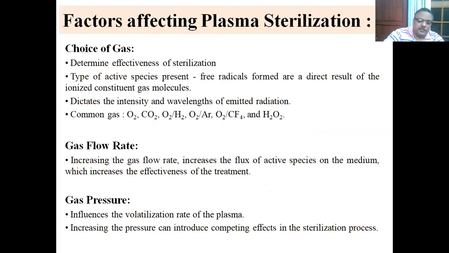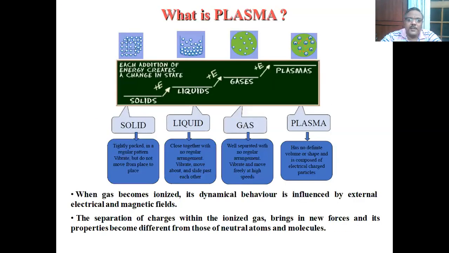For sterilization purposes, we will be focusing on plasma having all three components, that is, positive ions, electrons, and neutral atoms. In the situation where the population of neutral atoms is quite large compared to the positive and negative ions, we term that situation cold plasma.